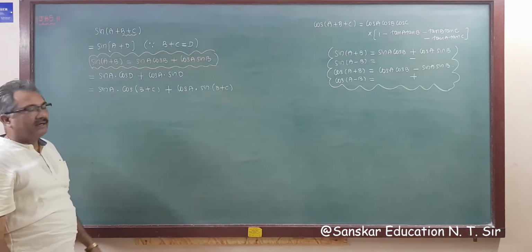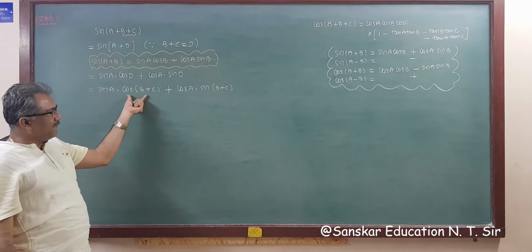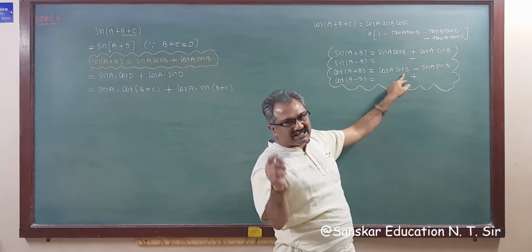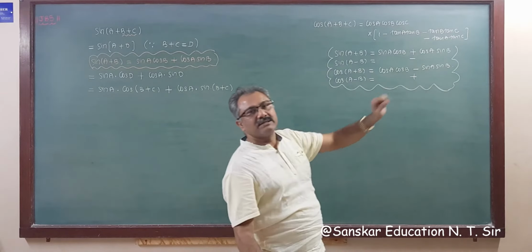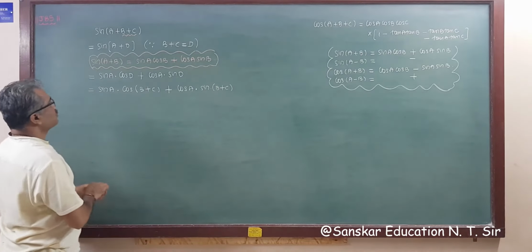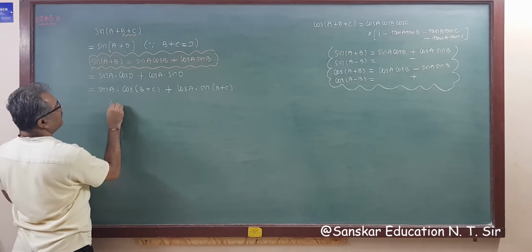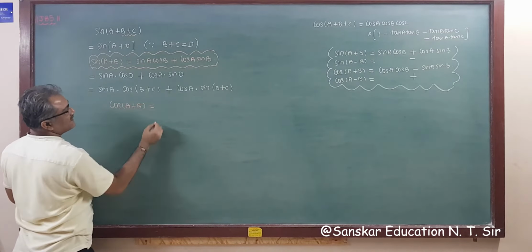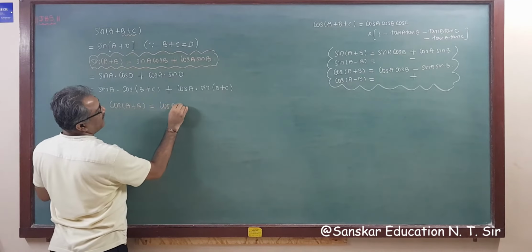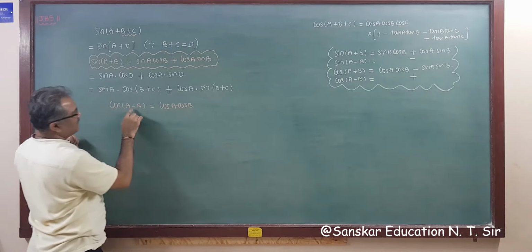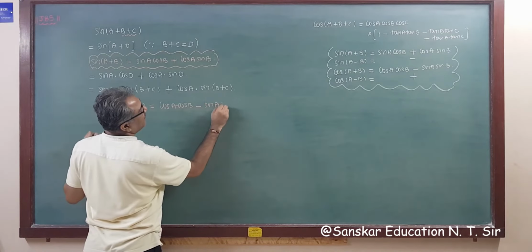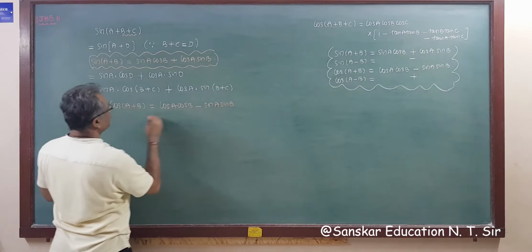Applying the cos(A+B) formula: cos(A+B) is cos A cos B, if plus then minus, both same, means sin A sin B. So this is the formula.